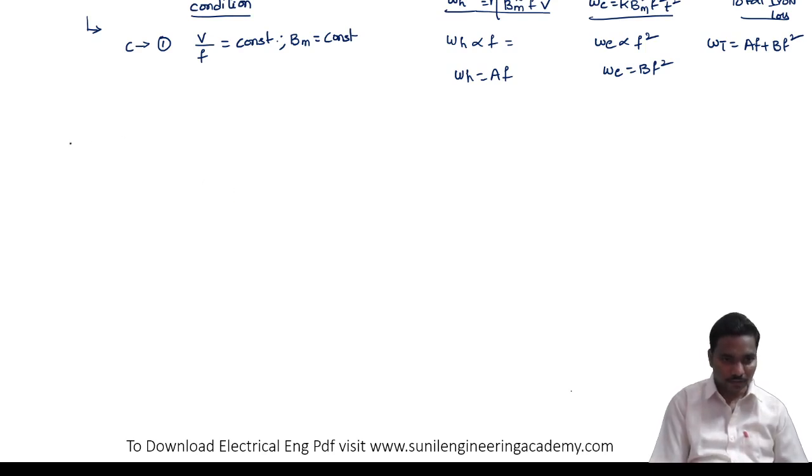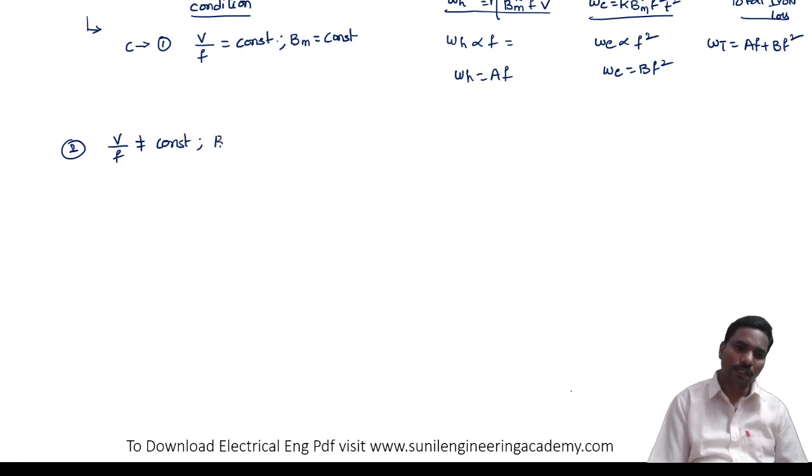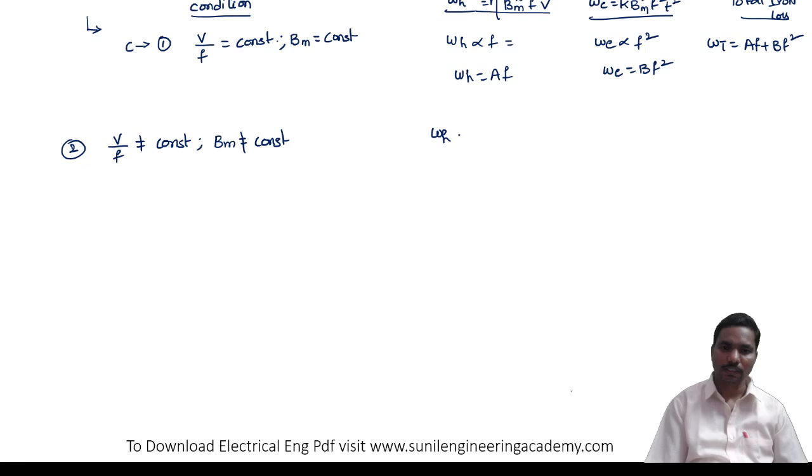The second case, V by F is not constant. So then B max is not constant. Then what about the hysteresis losses? Hysteresis losses are not constant, meaning V power X by F power X. Let us take X as 1.6.